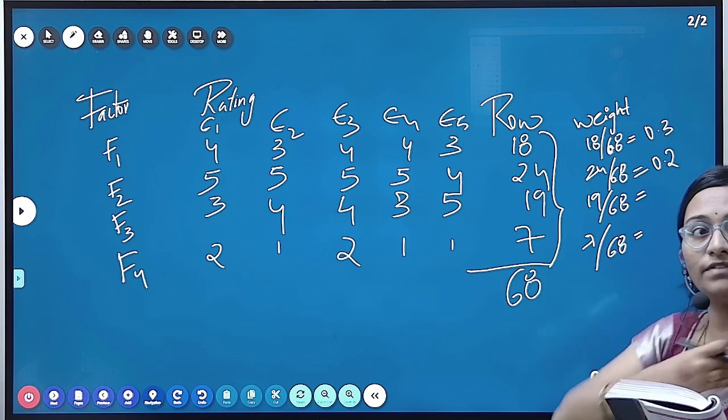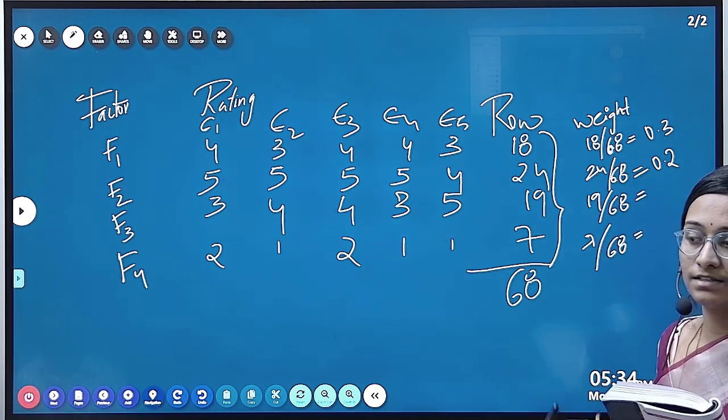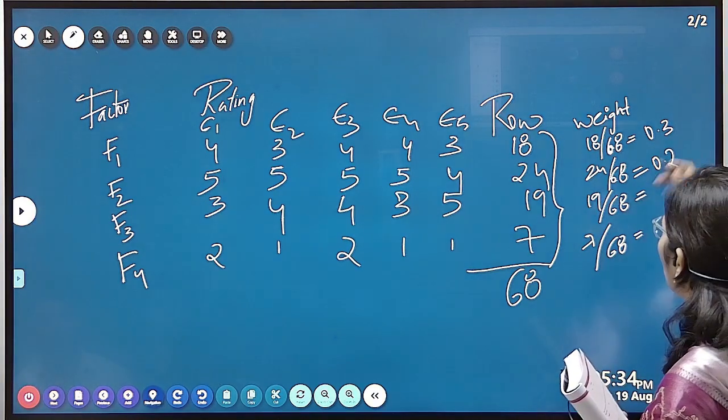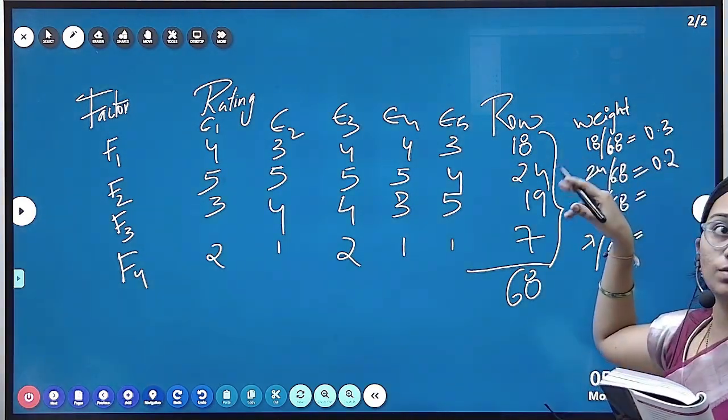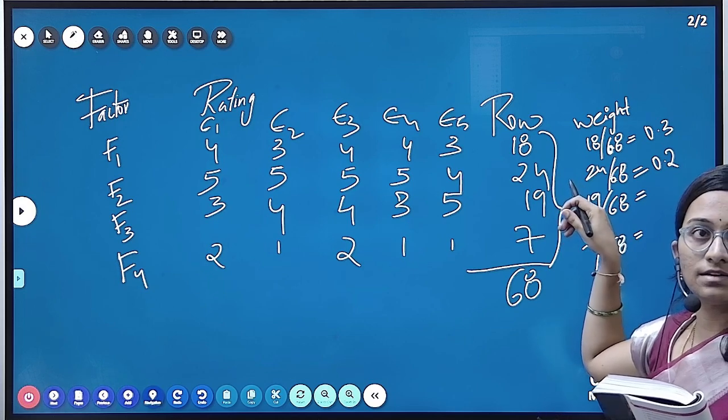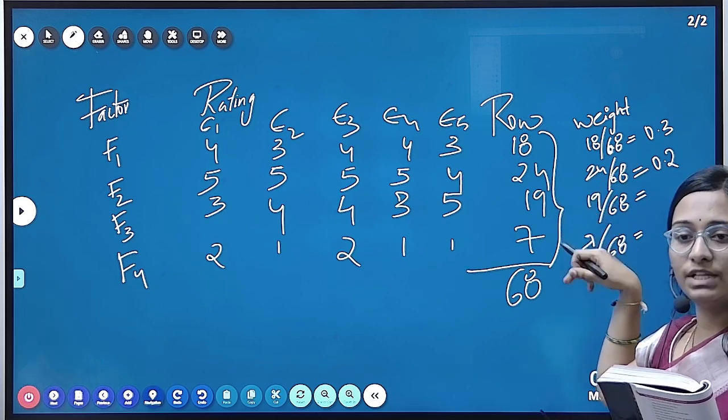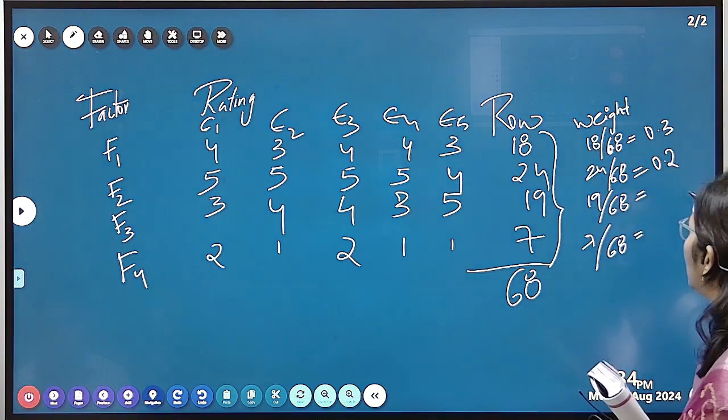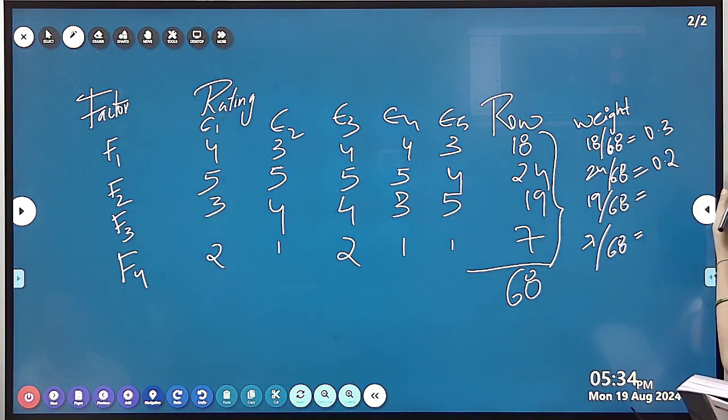Acha, you did it in calci. Yes, ma'am. So actually they have taken a round figure. It is 0.26, right? So they have made it 0.3 in the books. That's why. Next, if the second number is more than 5, we need to round it off. We need to add 1 to the first number.